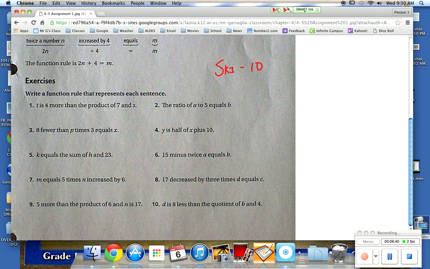In this case, 8 fewer than P means P minus 8.